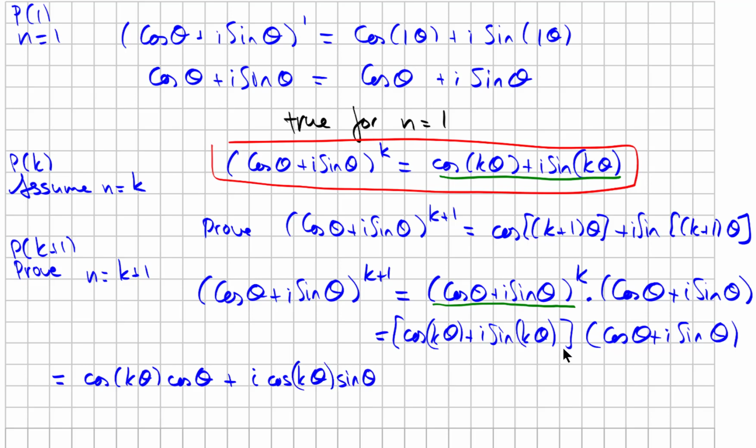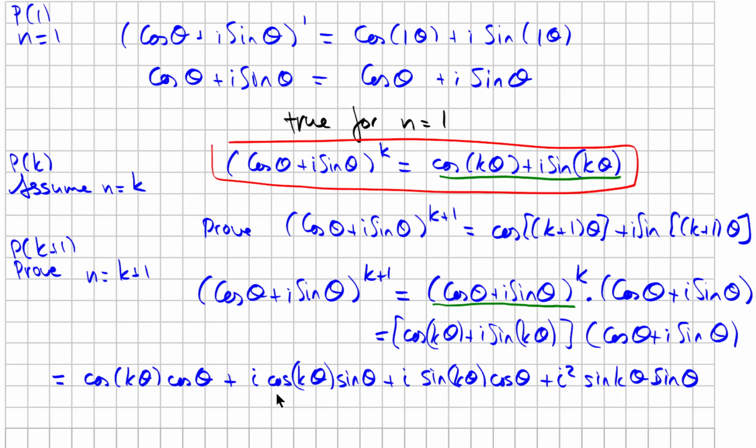Then i sin k theta by cos theta, so plus i sin k theta cos theta. Then i sin k theta by i sin theta, so plus i squared sin k theta sin theta. All I've done there is multiply out the two brackets.